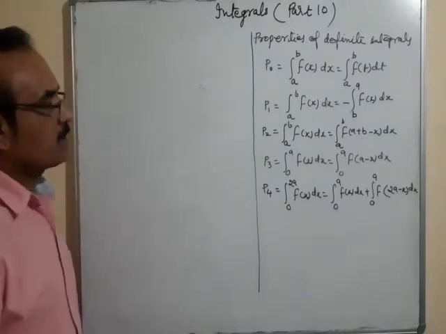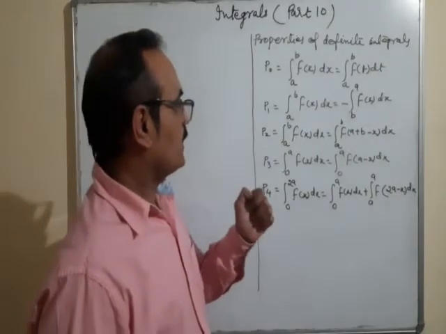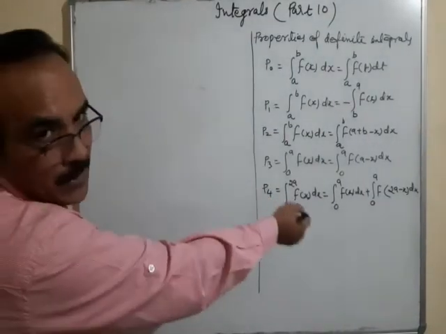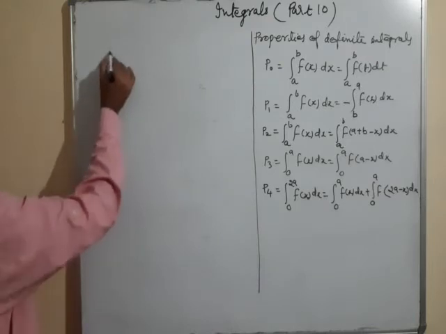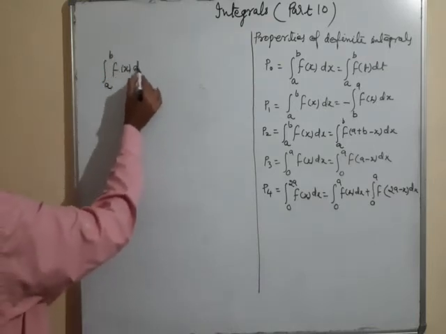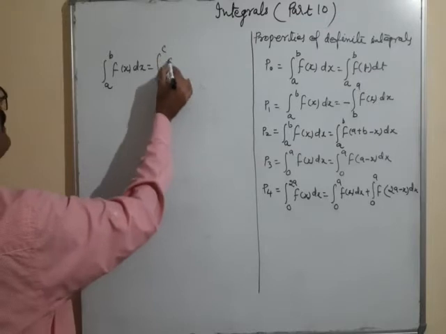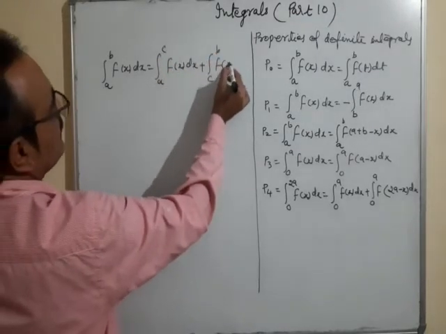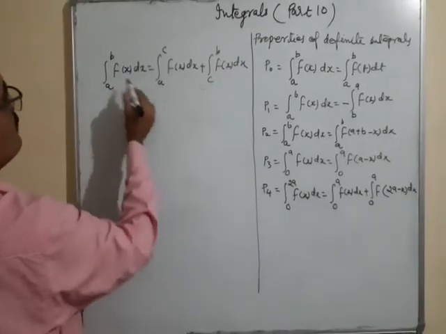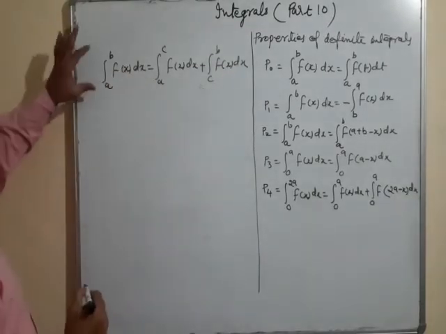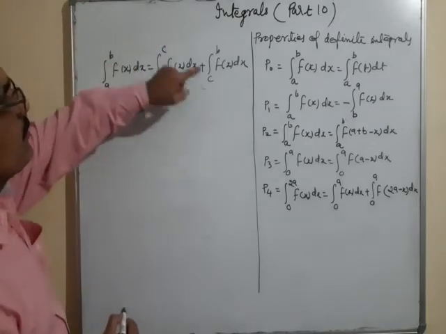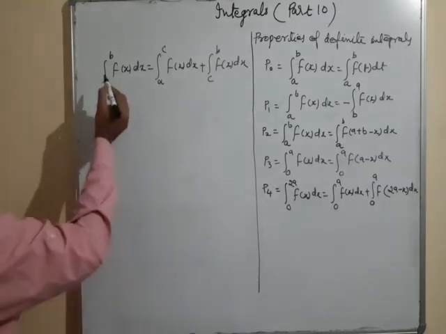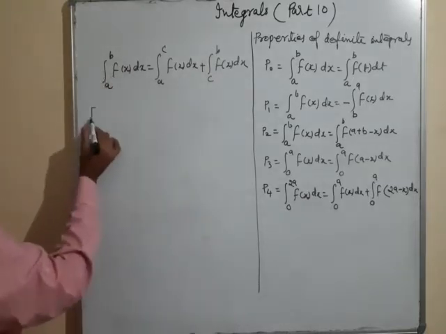One property I have missed, that is also one of the properties, because that property will be used here. This is integral a to b f of x dx is equal to integral a to c f of x dx plus integral c to b f of x dx. A to c, because c comes in between a to b. So a to b we can write as a to c plus c to b, with the same function. I will verify how it is. See, integral a to b f of x dx, what is the answer?